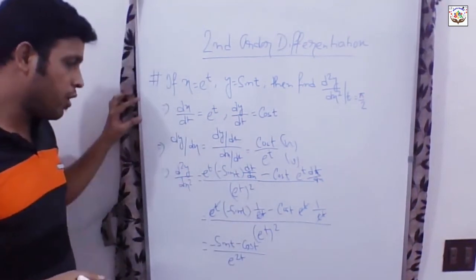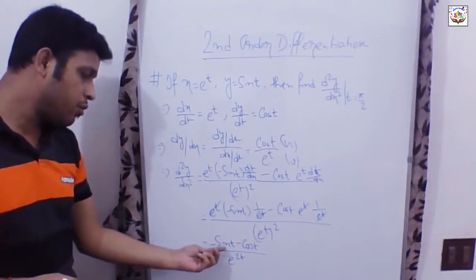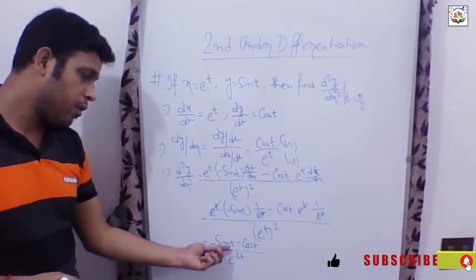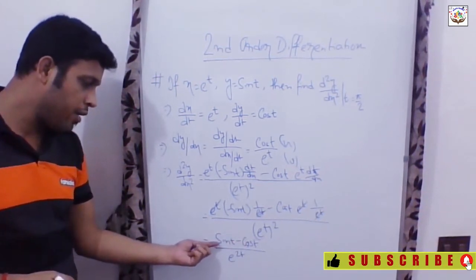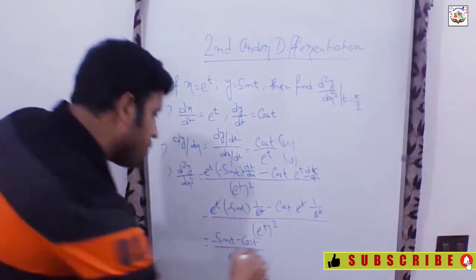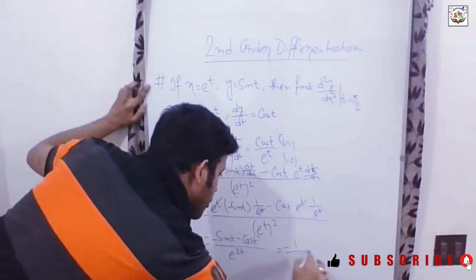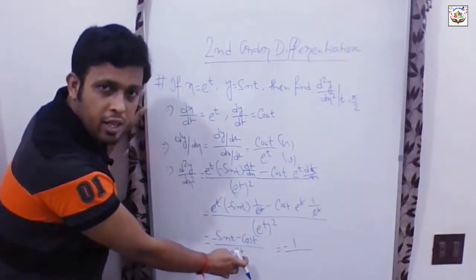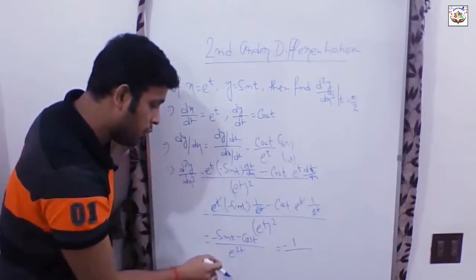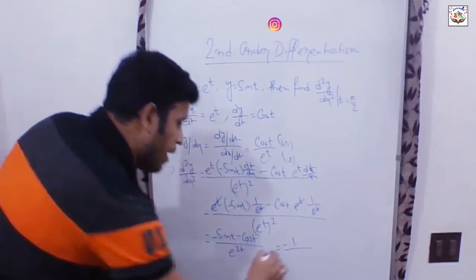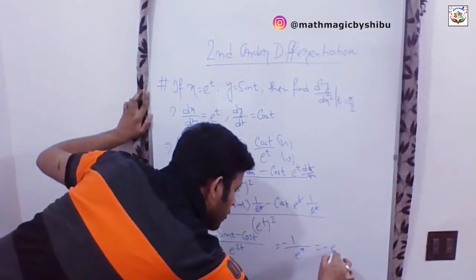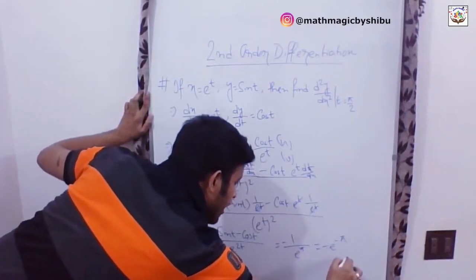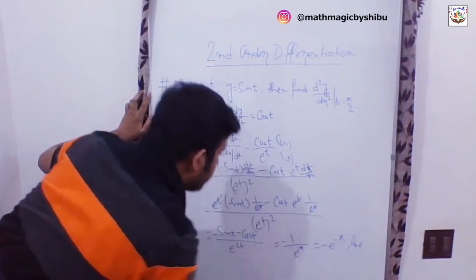If we put t as pi by 2, sin pi by 2 gives minus 1, and cos pi by 2 means 0. So in the numerator it will be minus 1 only. In place of t, if we put pi by 2 in the denominator, we have e to the power pi. So our final answer will be minus e to the power minus pi.